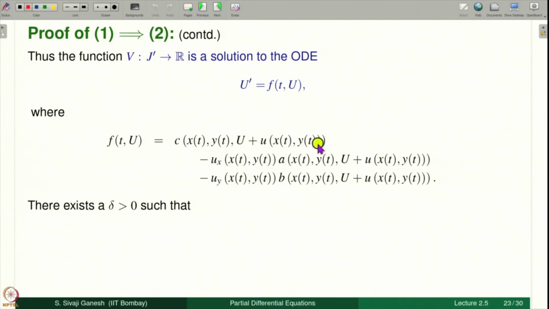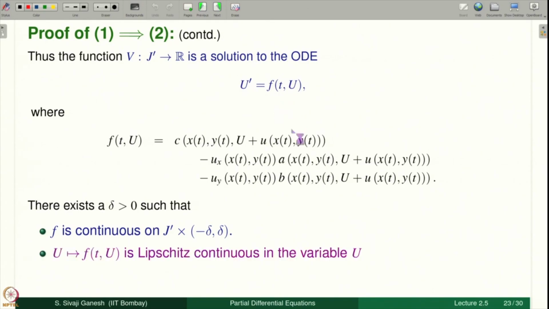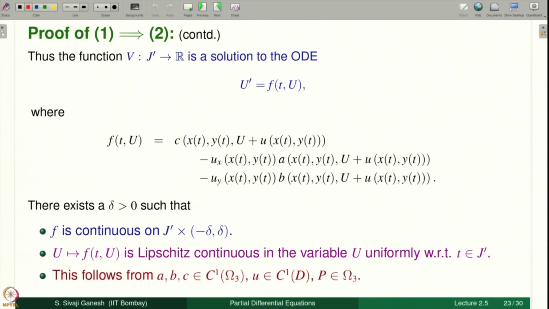Indeed, there exists a delta positive such that f is continuous on J prime cross (minus delta, delta). So, the right hand side is a continuous function, and u going to f of t, u is locally Lipschitz continuous in the variable u, that is what we need for applying Cauchy-Lipschitz-Picard's theorem, uniformly with respect to t in J dash.